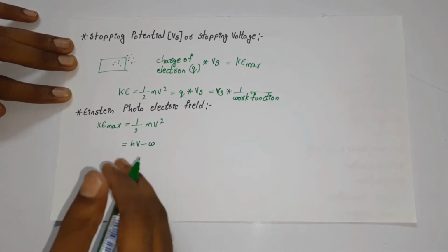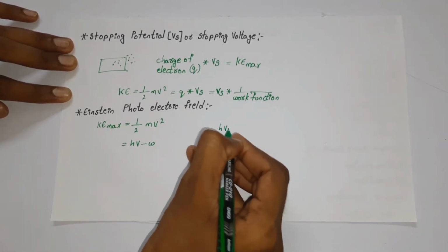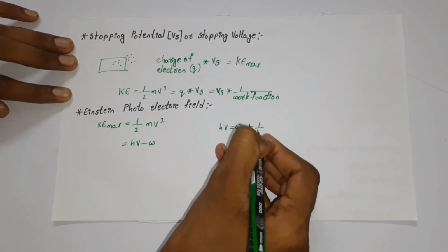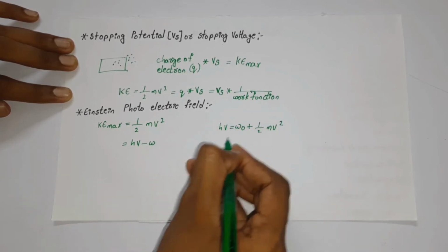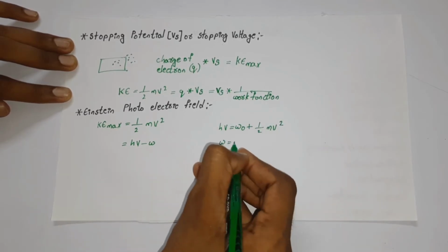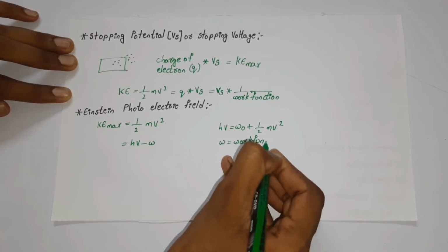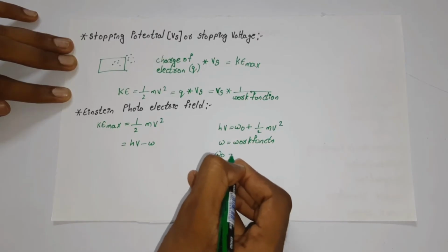How is this obtained? From the basic equation, hv equals w naught plus half mv square, we found that w is the work function. So the work function w naught is equal to hv naught.